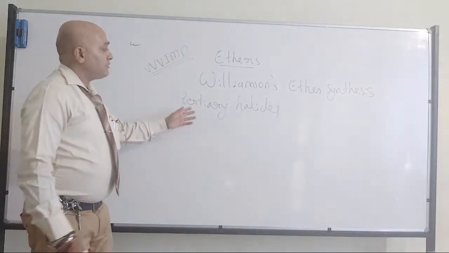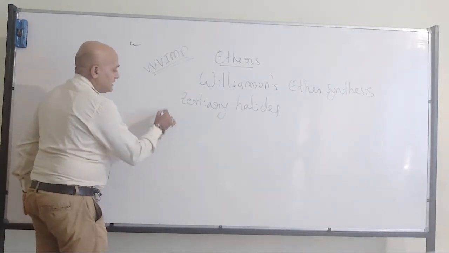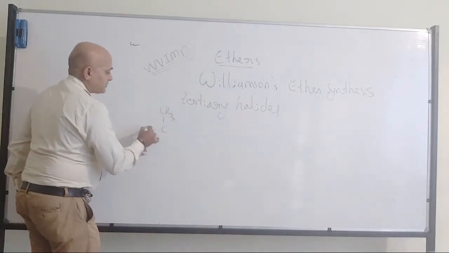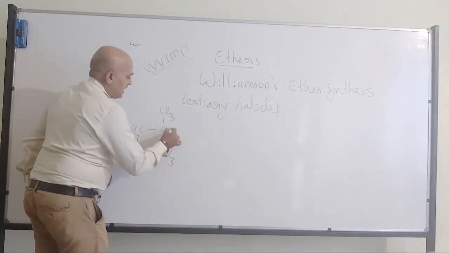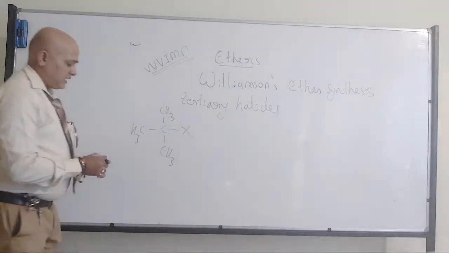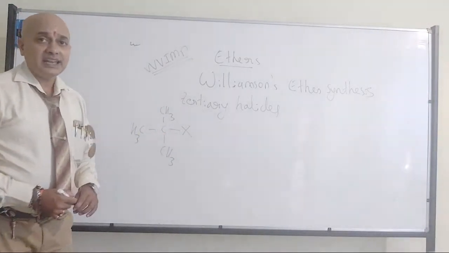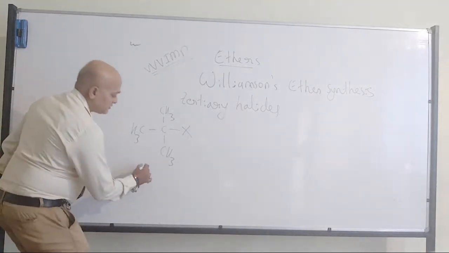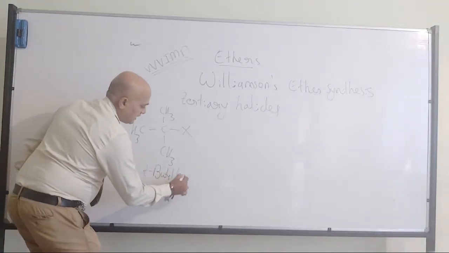Now what will happen if I use tertiary halides? Now I have CH3, CH3, CH3 and halogen. It can be chlorine, bromine, whatever it is. So I have a tertiary halide, tertiary butyl halide.